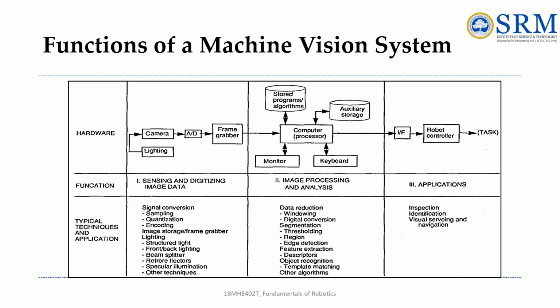Okay, this interface hardware and software is referred to as a preprocessor. So operation of the vision system has three functions. Okay, we can see here three functions: sensing and digitizing image data, second one is image processing and analysis, and the third one is applications.